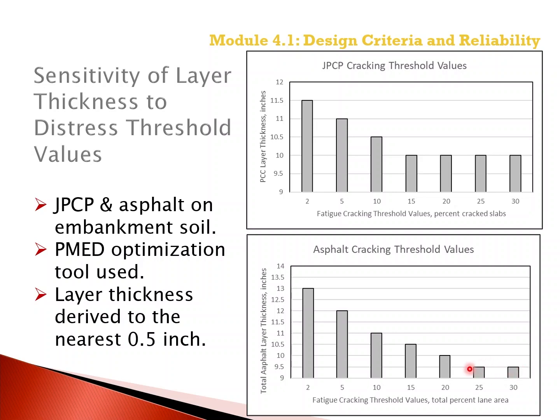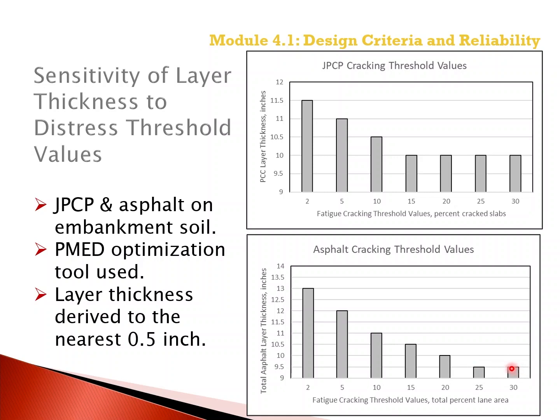Again, the reason these two bars here have a constant 9.5 inches is because other design criteria are controlling, which are basically constant between all the asphalt bottom-up fatigue cracking. So other design criteria are controlling for this specific design example. And again, a minimum 9.5 inches would not be required for all design examples.